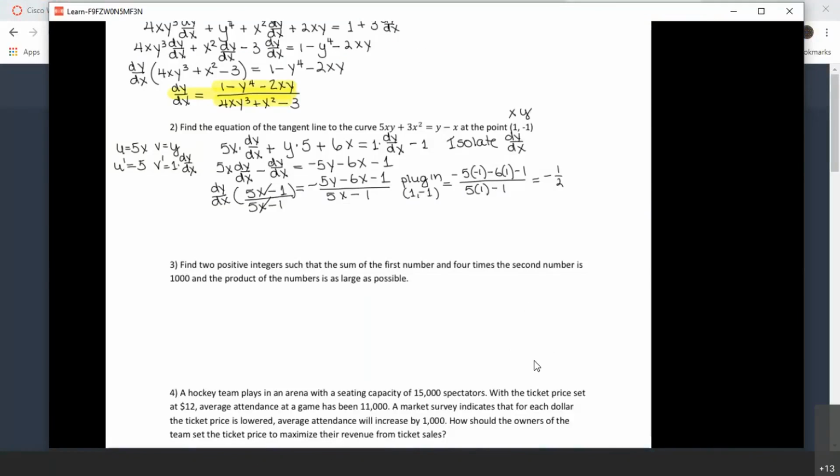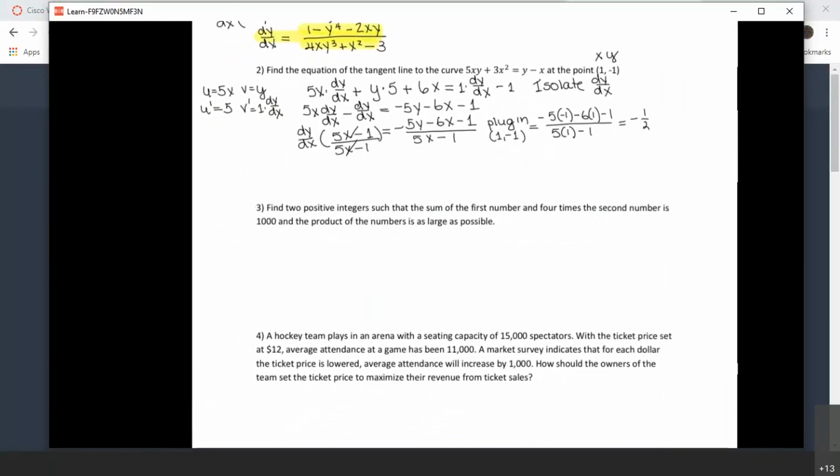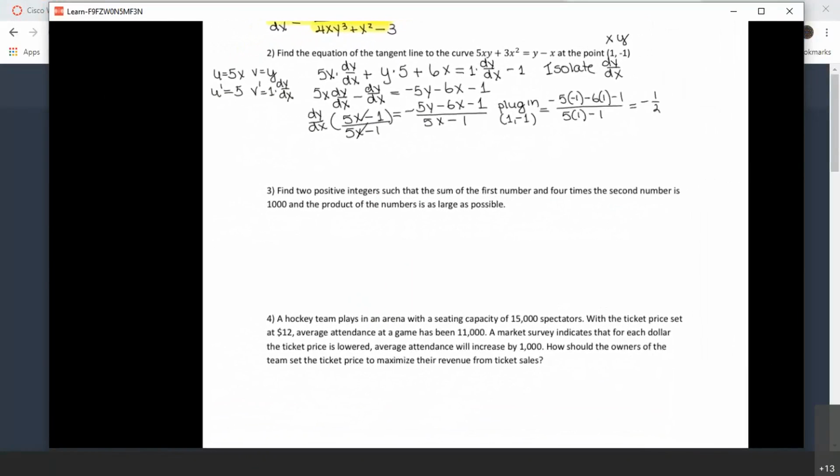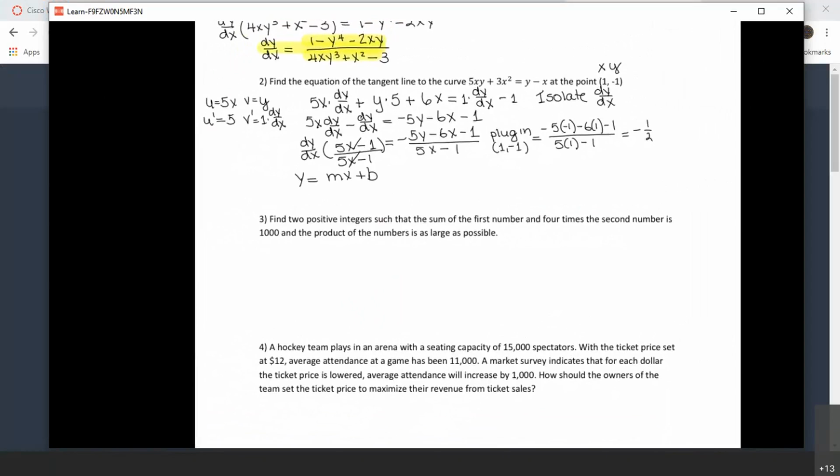Okay? Got my slope? Now, how do I find the equation of a tangent line? So I'm going to start with y equals mx plus b, because that's the equation of a straight line. I have m, I just found that out, it's -1/2, and I also have an x and a y.